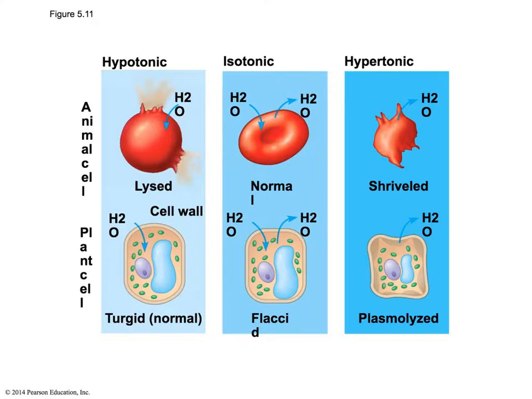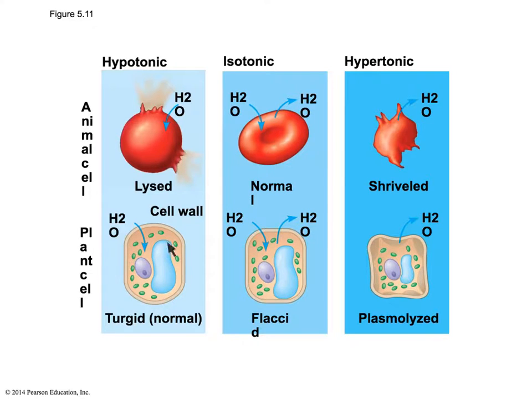And then that's called flaccid, and if that even continues, it is plasmolyzed, meaning it's actually pulling away. If you see here, this is the cell wall, right? In this case, the plant cell is actually pulling away from the cell wall, which is causing a problem, right? Because it's losing water, all right?